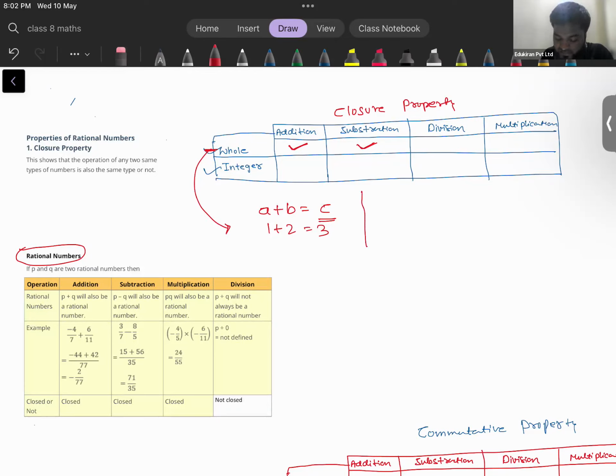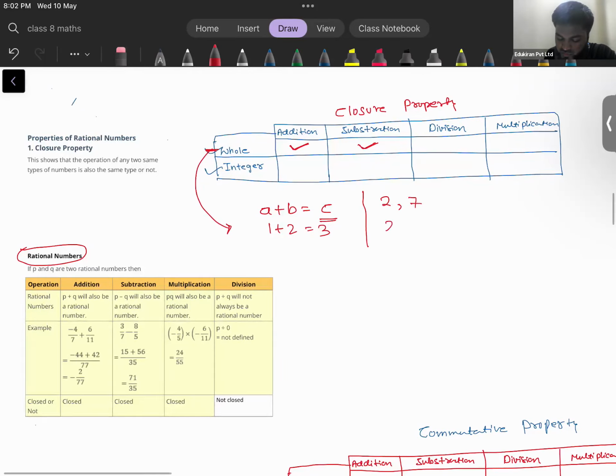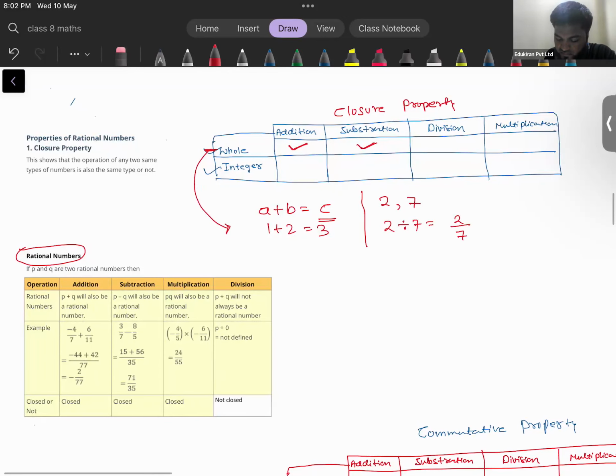If I say two whole numbers, 2 and 7, then 2 divided by 7 equals 2 upon 7. So here it is a fraction.